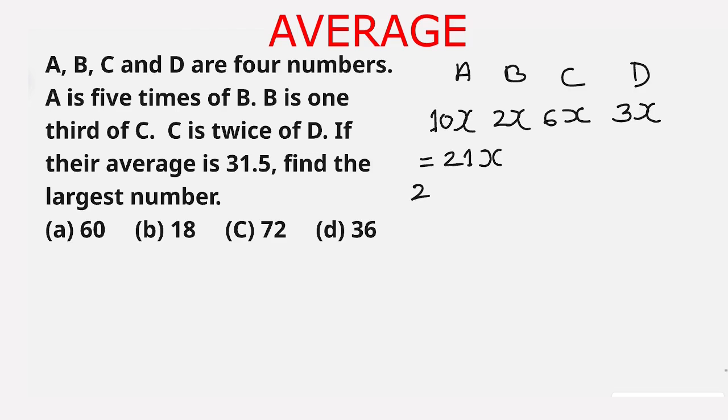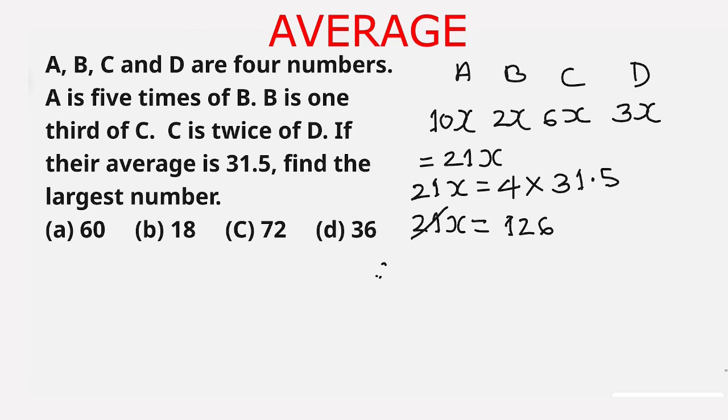So we can write 21x equal to 4 times 31.5, as the average of these 4 numbers is 31.5. So this gives us 21x equal to 4 times 31 is 124 and 4 times 0.5 is 2. So it will be 126.